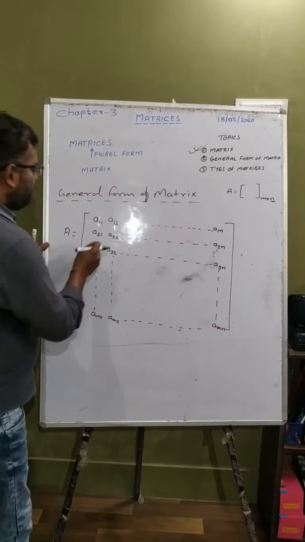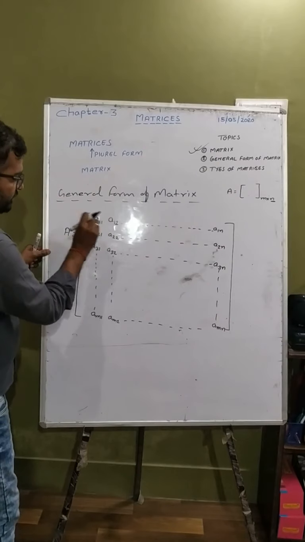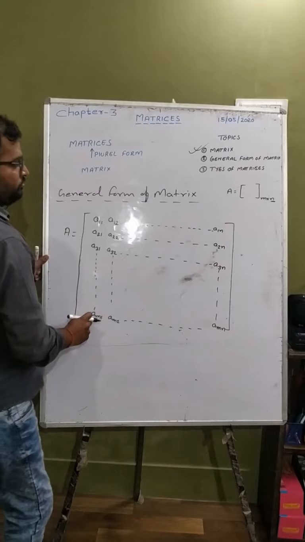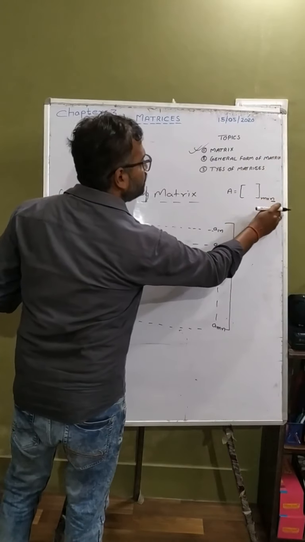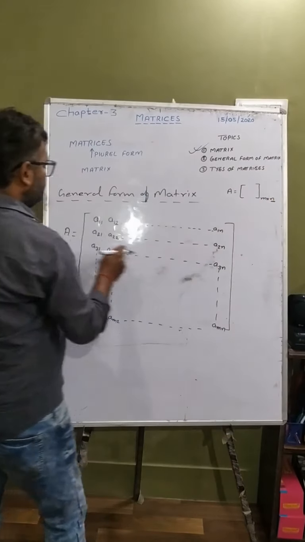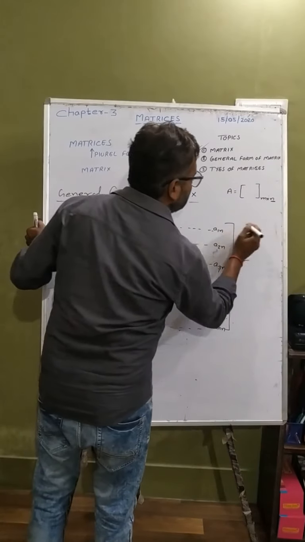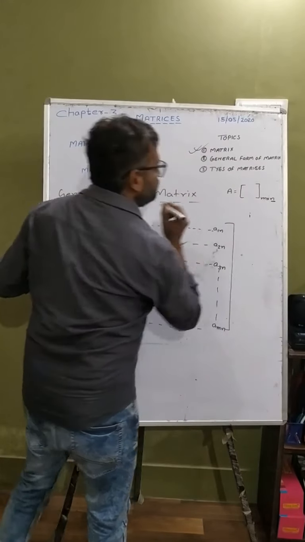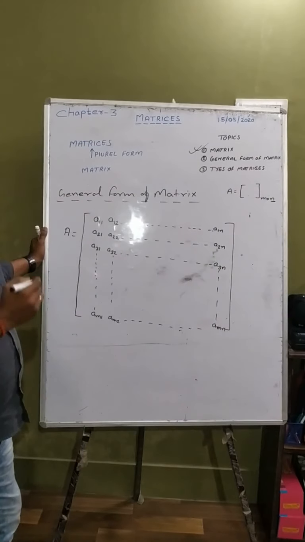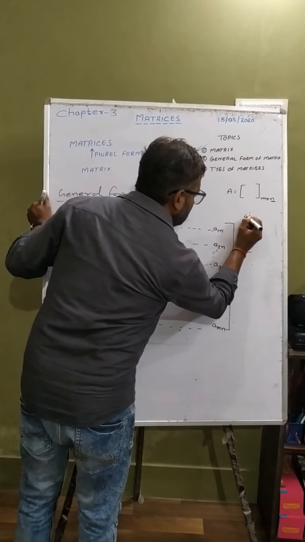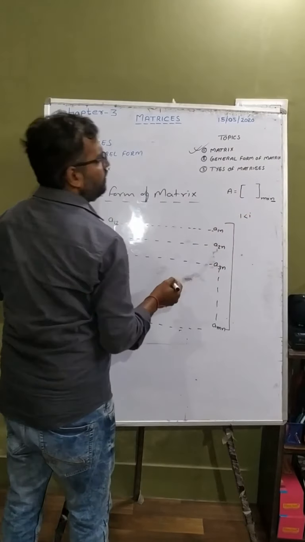Okay. So we can say here that from the first row to the mth row, because the total number of rows is m and the total number of columns is n, let us consider there is an ith row. What is the meaning of the ith row? This i can start from 1.